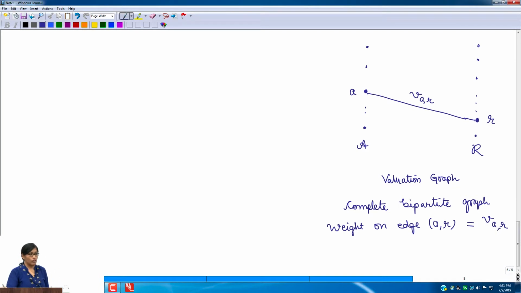Okay. So what I have constructed is a complete bipartite weighted graph.